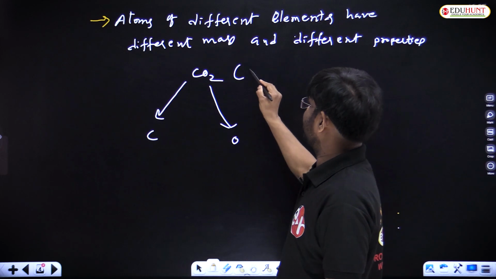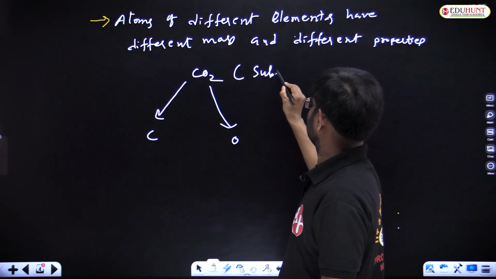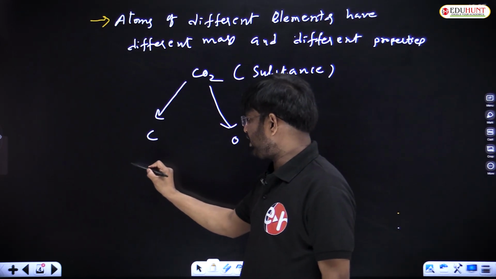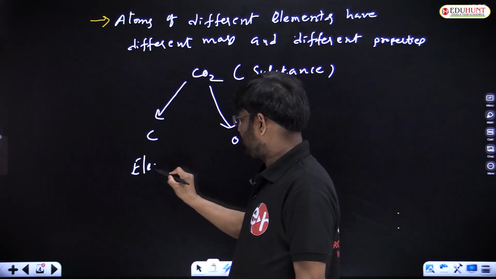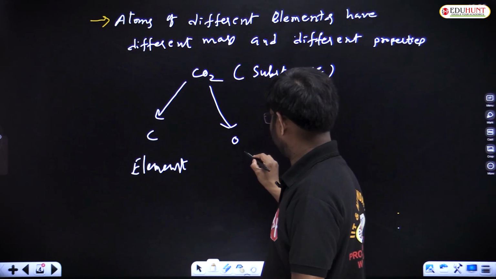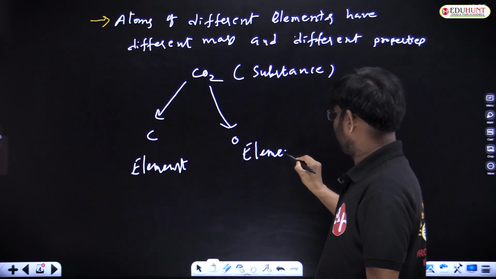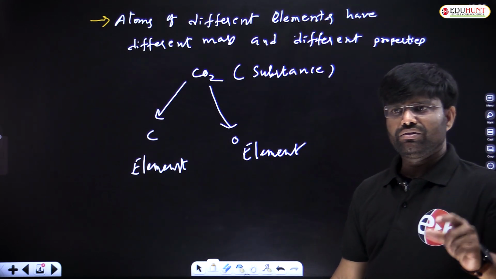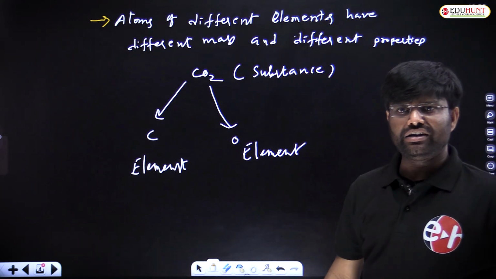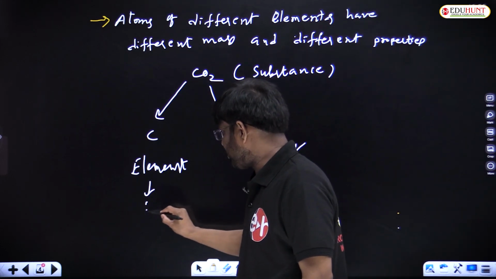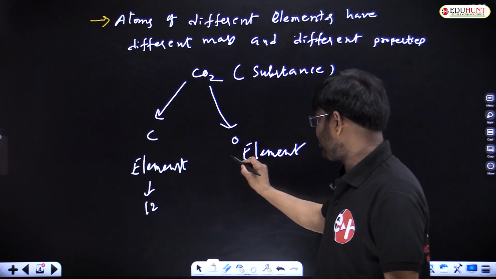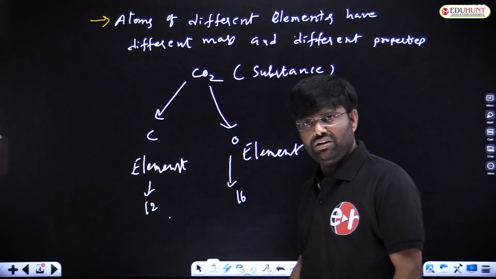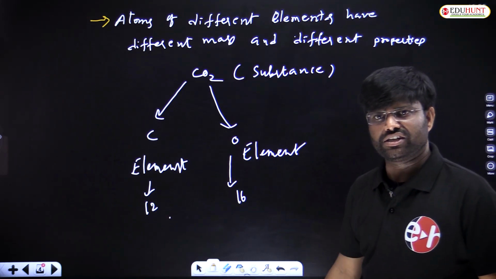I am taking one substance. Here different elements are there. This is one element, and this is another element. These two are different elements. Atoms of different elements have different mass and different properties. Here carbon atomic mass is 12, oxygen atomic mass is 16.